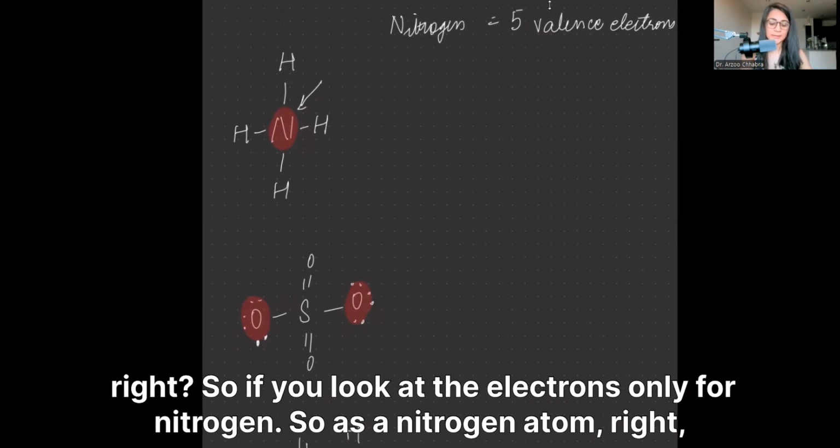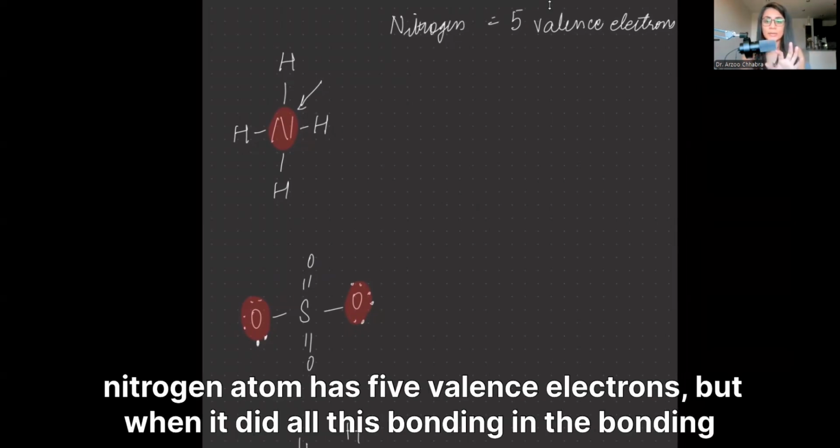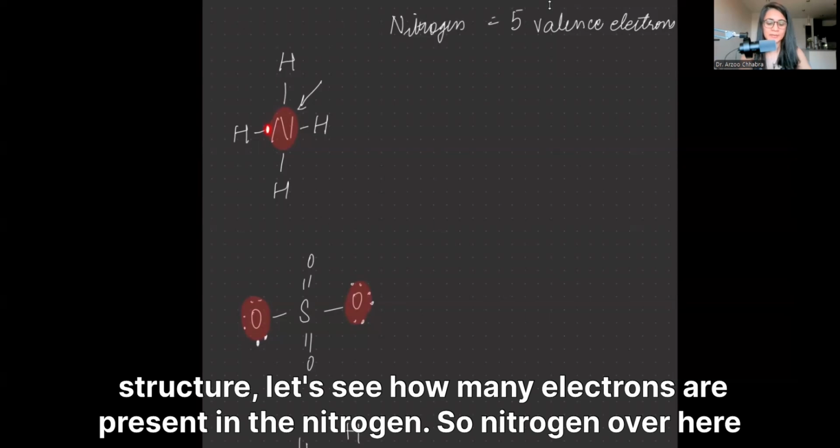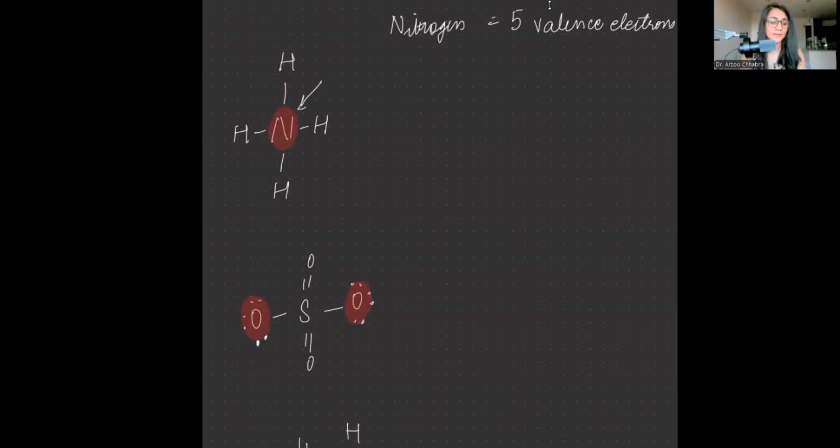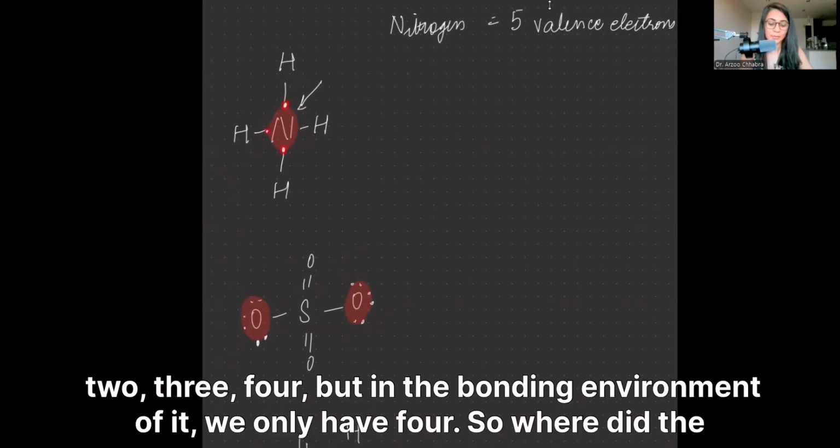A nitrogen atom has 5 valence electrons, but in the bonding structure, 1, 2, 3, 4, we only have 4.